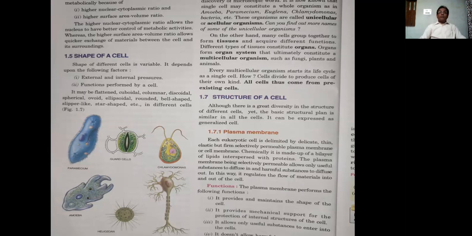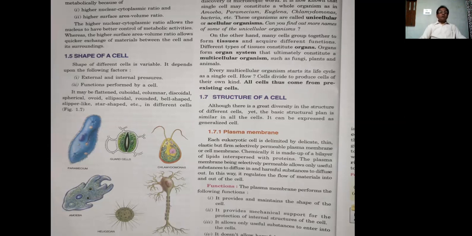Contractile vacuole: it changes its shape when water enters the body of the amoeba. The size of the contractile vacuole increases, and when it attains the maximum size, it shifts towards the periphery and ruptures, and the excess water of the cytoplasm is removed, so it helps in osmoregulation.